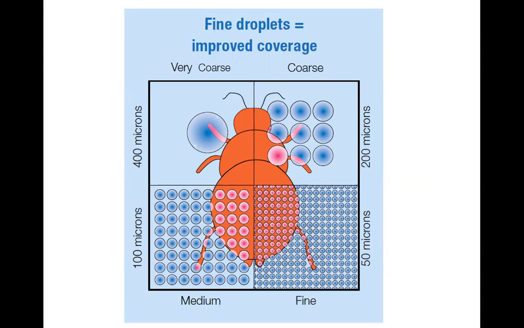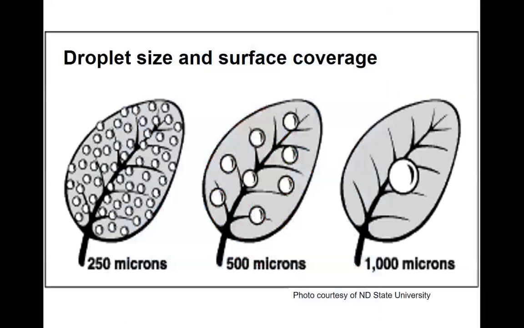Or you could be spraying some real fine droplets, like stuff right here. Although the total volume of the droplets combined is the same as this big old droplet, you get much better coverage to kill that cockroach, to ensure the coverage if this is a contact insecticide.